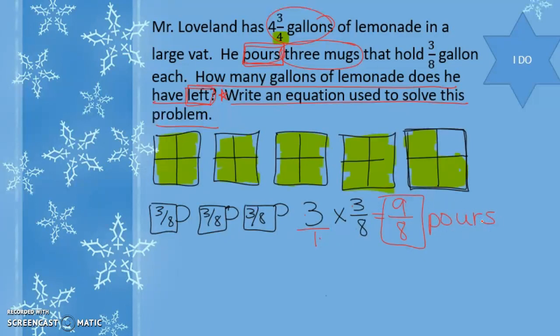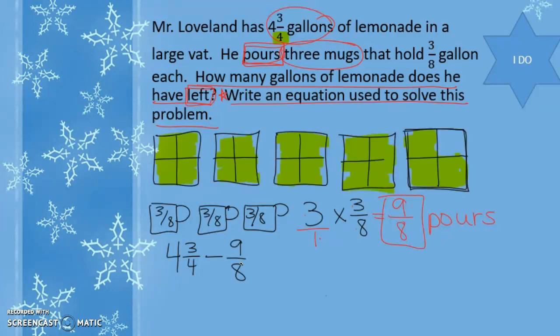I need to subtract what he pours from what he has, and that will give me my answer. So it looks like my equation so far is 4 3/4 minus 9/8. What do I do now?